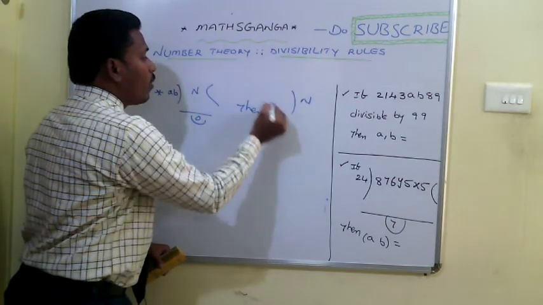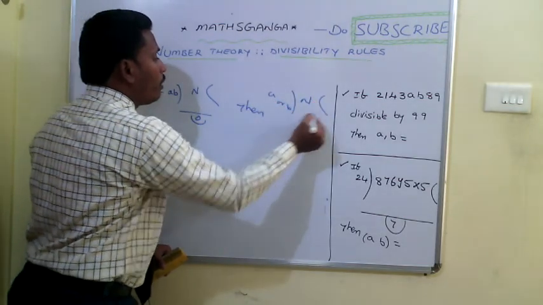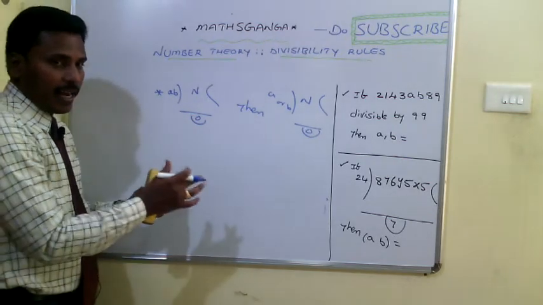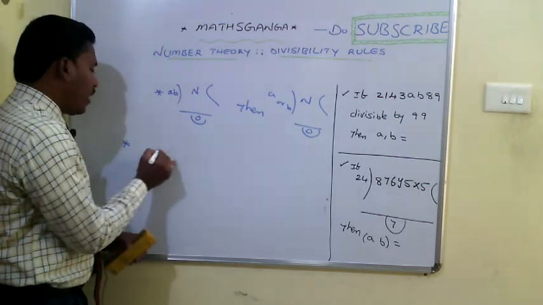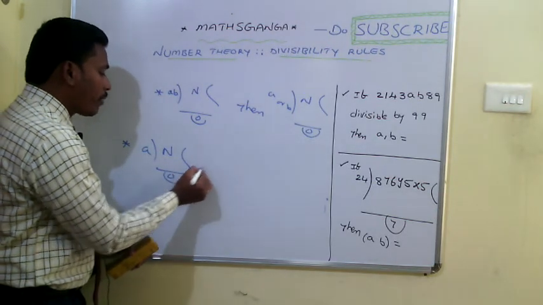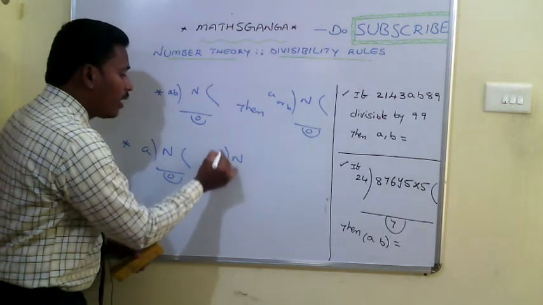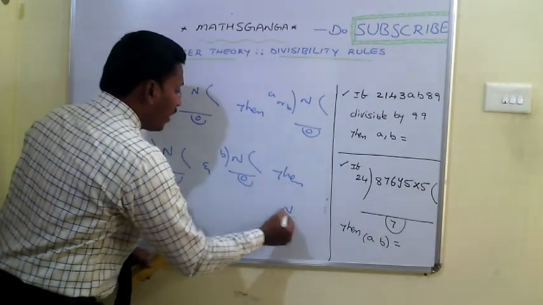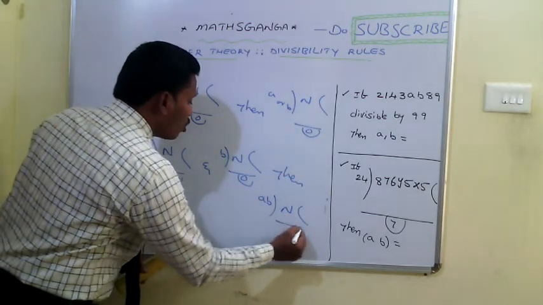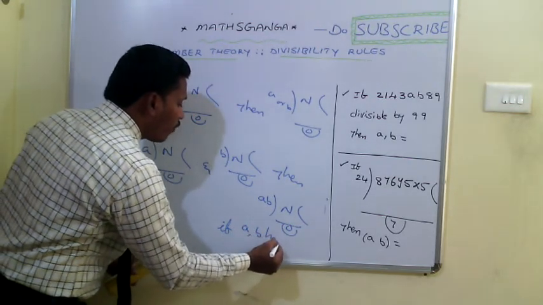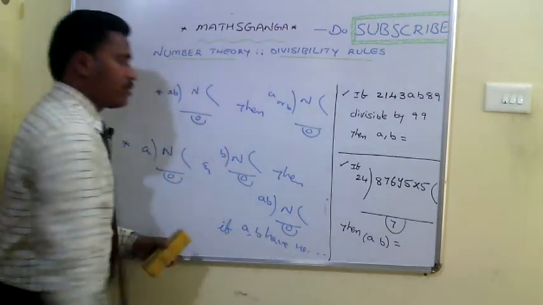Then when n is divided by either a or b it leaves remainder 0; this is obvious, no need to discuss. But in the other case, if n is divisible by a and if n is divisible by b, then n is divisible by ab also, whenever a, b have no common factors.